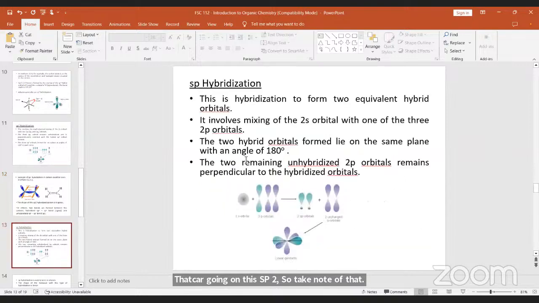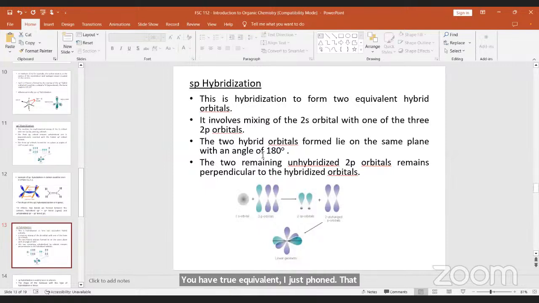Then lastly, we have the sp hybridization, where one of the s orbitals mixes with one of the p orbitals to form the hybrid orbital. So in this case, you have two equivalent hybrid orbitals that are formed.